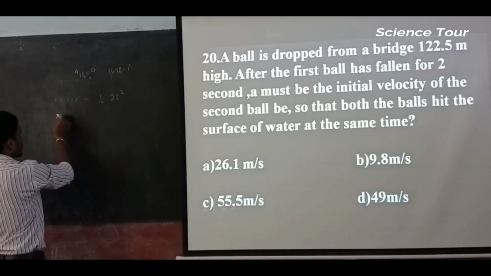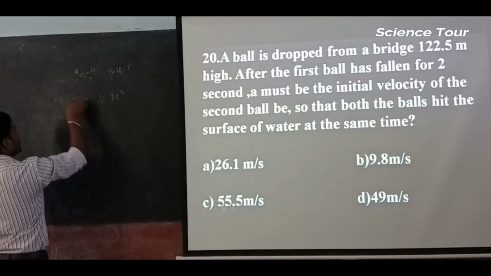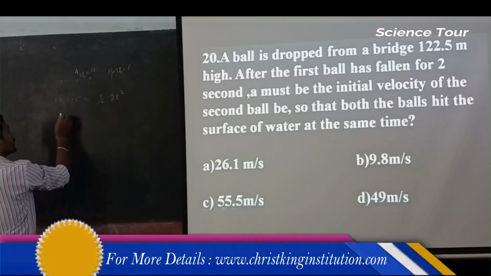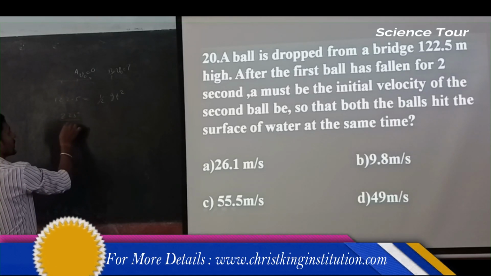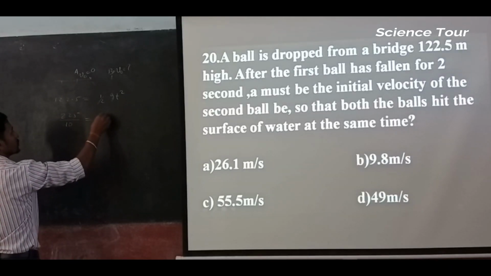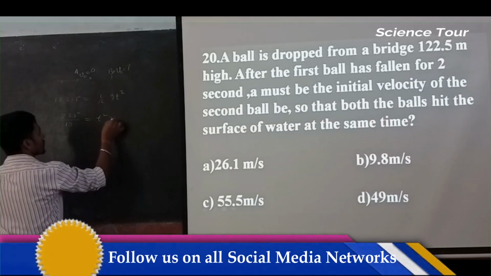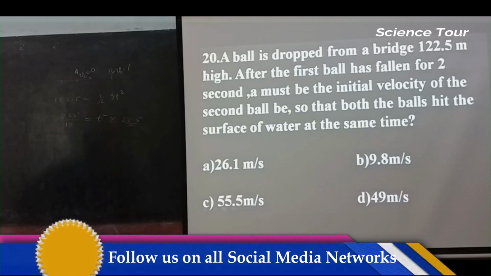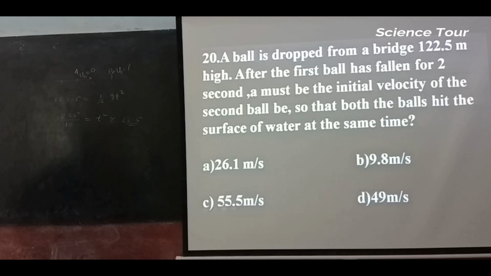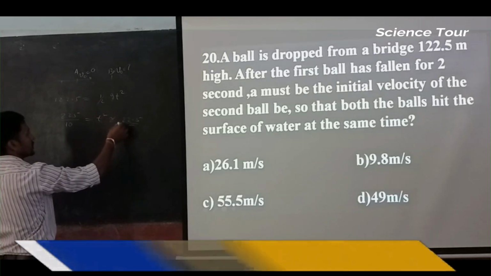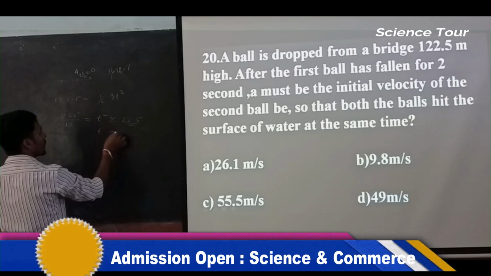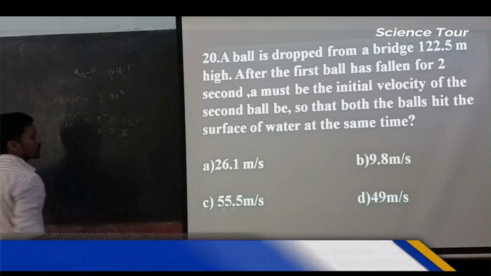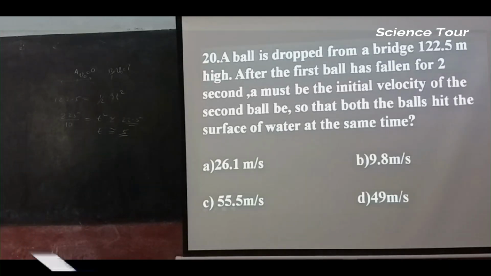So time we have to find out: 122.5 into 2 is 245, divided by 10, which is equal to t square, that is 24.5, which is nearly equal to 25. So t is nearly equal to 5.